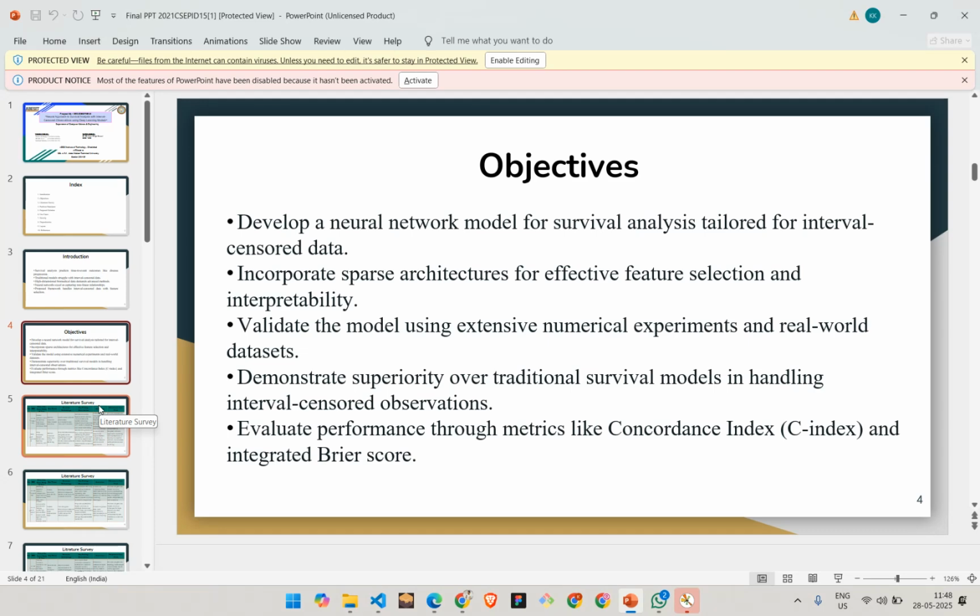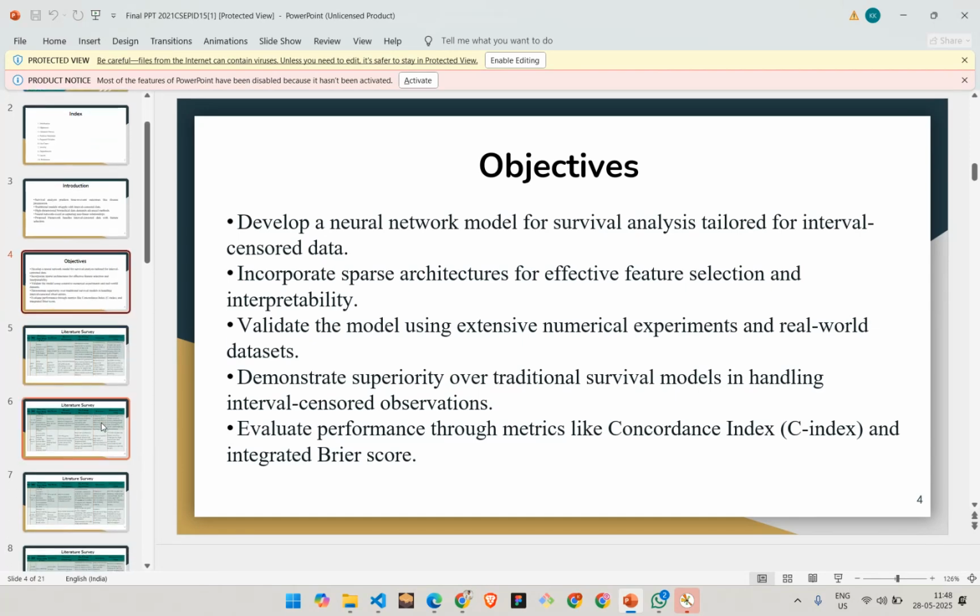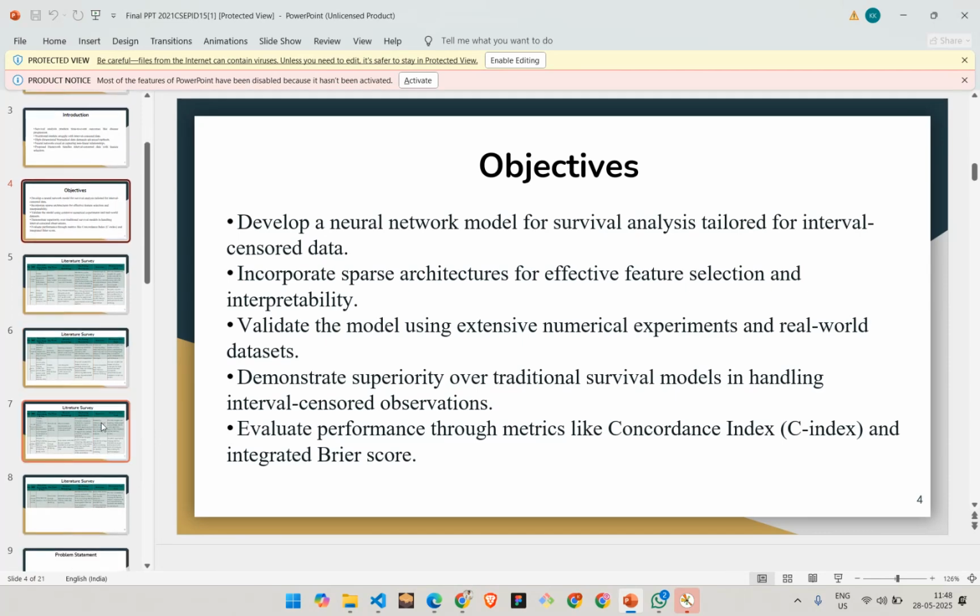On top of that, these models assume simple linear relationships between variables, which doesn't match the complexity of real world data. So this is the actual problem, and what we are proposing as a solution is to solve this.